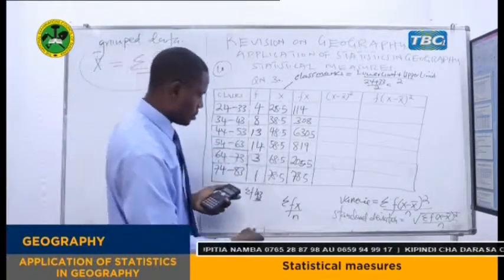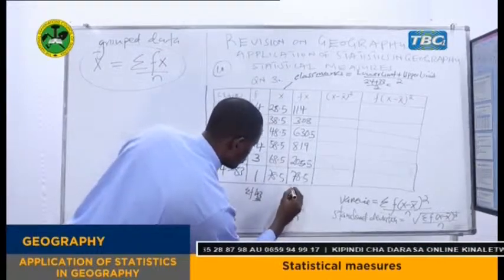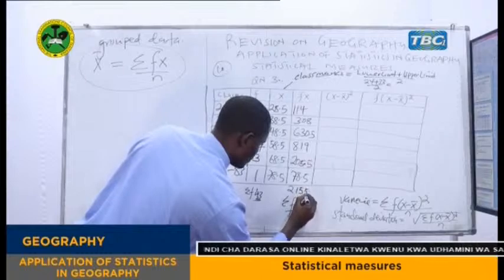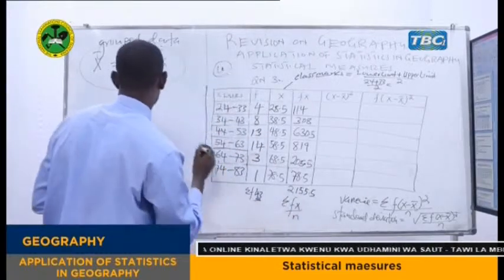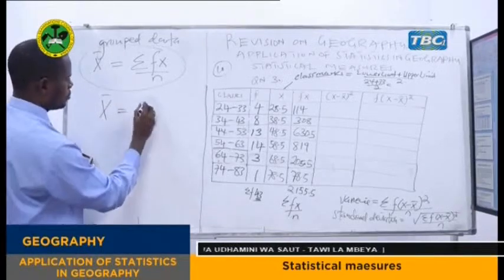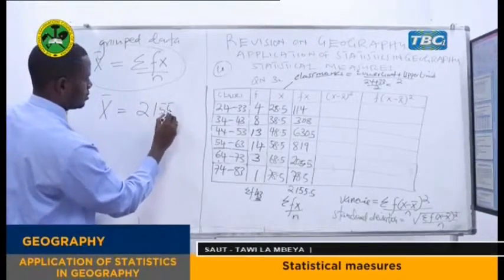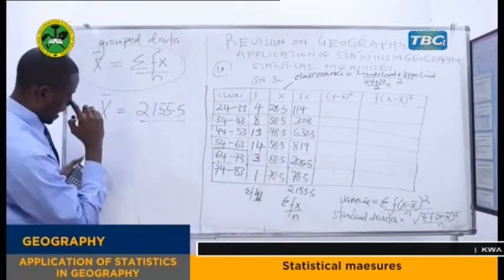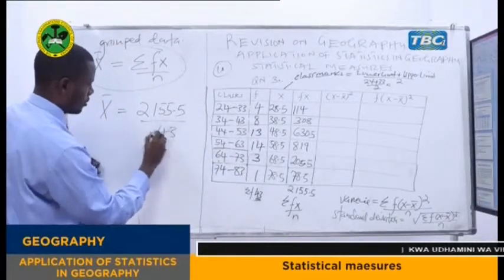Then we come up with a total of 2155.5. So the mean for that particular case will be 2155.5, then we divide by n, that is 43.